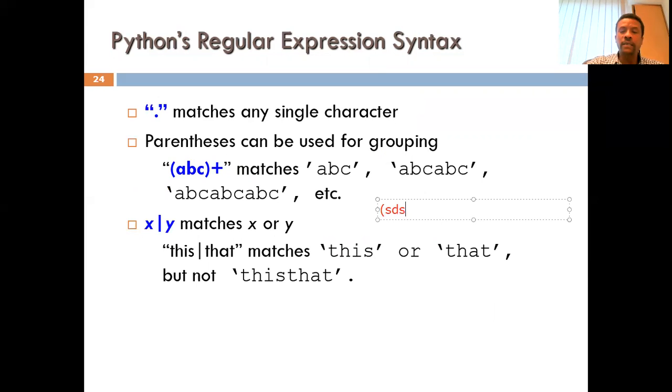SDS, if I put it like this, it means it looks for the string SDS in the subtext. So if you give it some text like this, what would it output? It starts from this one, it doesn't match, this doesn't match, this doesn't match. When it reaches here, it finds S, finds D, finds S. So SDS would be an output.